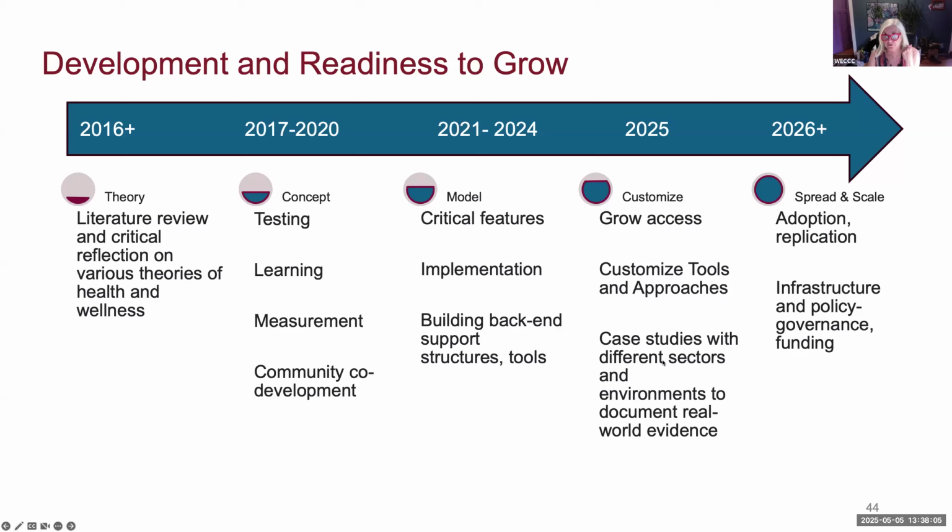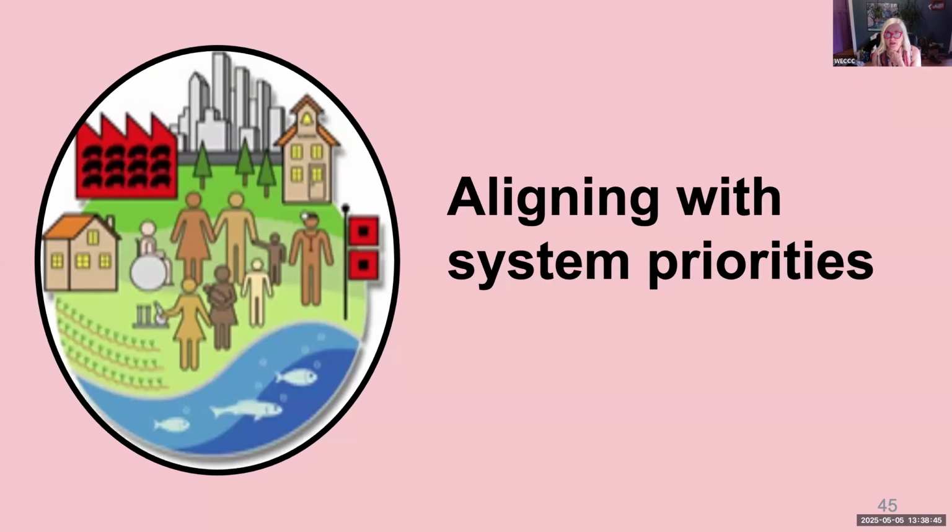Now we're into growing access, preparing a whole bunch of different case studies with a whole bunch of different demographics and population groups, looking at real world experiences and testing again how to communicate more effectively and how to get people excited by the opportunity to build more customized tools and approaches for more specific, more narrowly defined populations and target groups. And after that, we'll be ready to look more broadly at spread, scale, adoption, and replication.